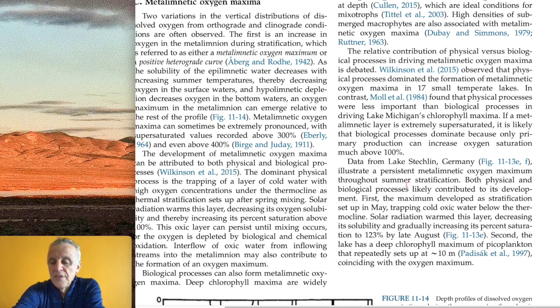Solar radiation warmed this layer, decreasing its solubility and gradually increasing its percent saturation to 123% by late August. Second, the lake has a deep chlorophyll maximum of phytoplankton that repeatedly sets up at 10 meters, coinciding with the oxygen maximum.